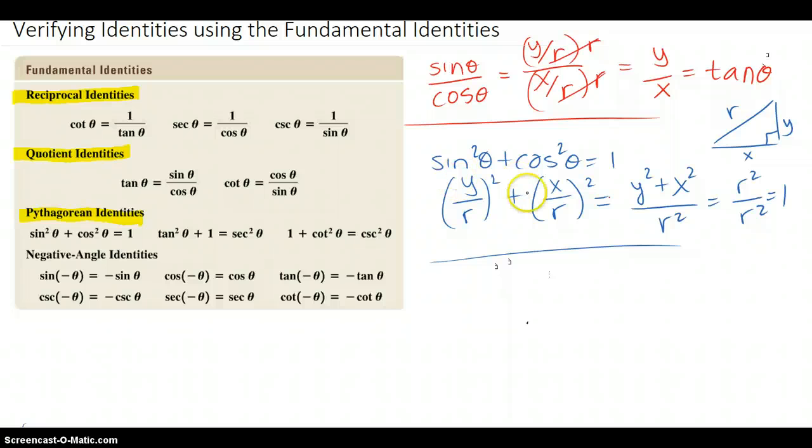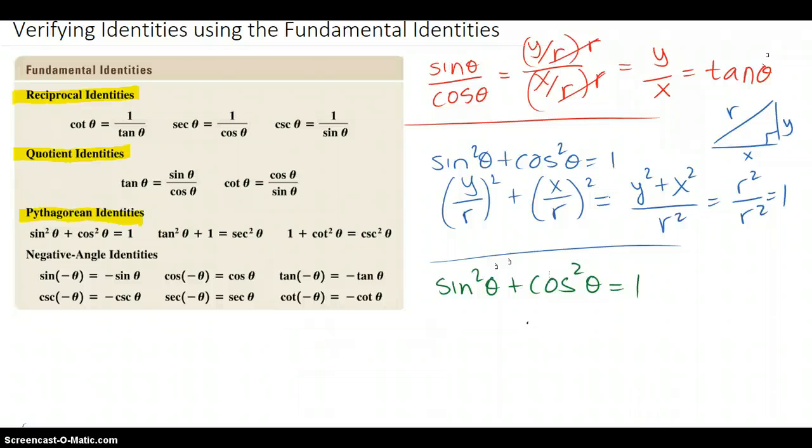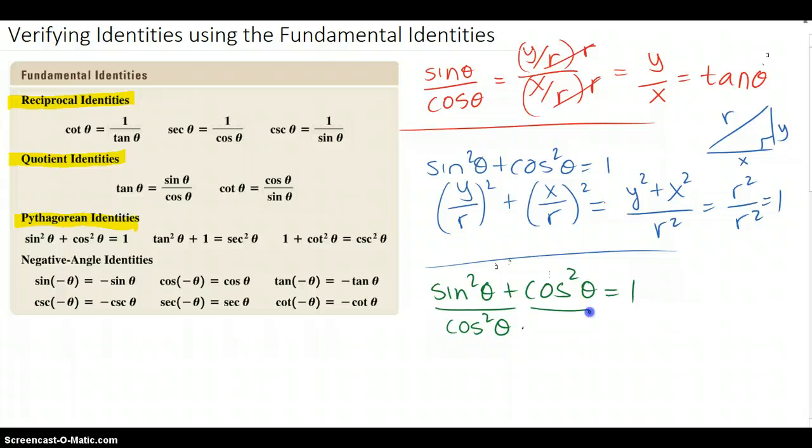What I'm going to do is start with the sine squared plus cosine squared. Sine squared of theta plus cosine squared of theta equals 1. To get the second one, if you divide every single term by cosine squared, what you would get is tangent squared theta plus 1 equals secant squared theta.